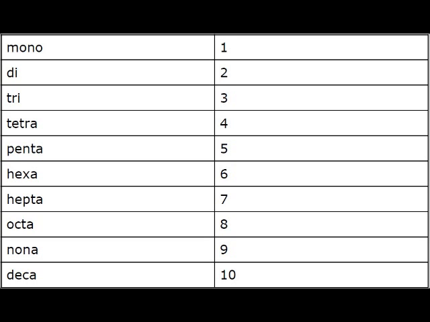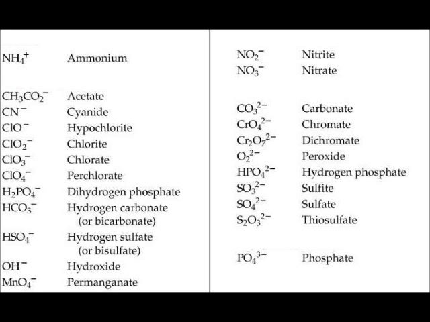So that pretty much covers molecular and ionic naming. The other thing I'm going to mention, we did mention the acids. There are also more complex anions, called polyatomic anions. And that will have its own list. I'm going to put the list up here for a second. These are ions that you are going to have to get used to or memorize.